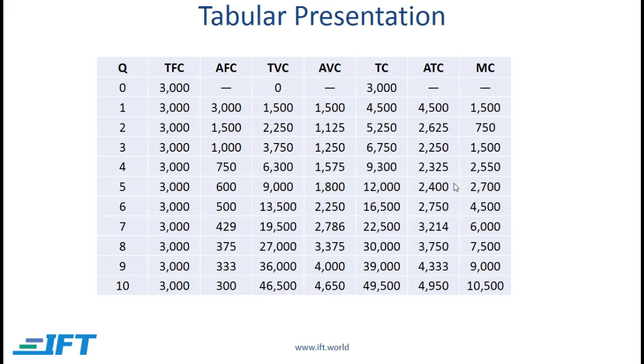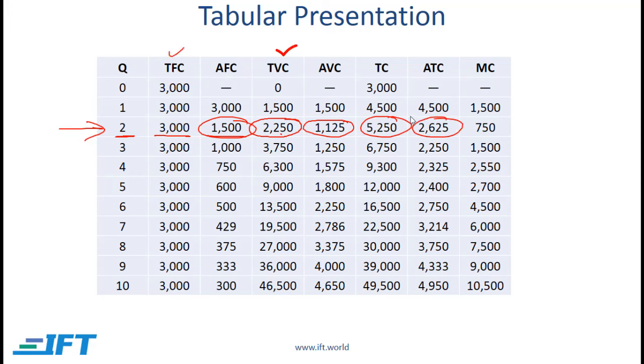On this slide, we have a tabular presentation which shows how the various cost numbers are calculated. Let's consider this row. We are given a total fixed cost, an average fixed cost, which is simply the total fixed cost divided by the quantity. We are given the total variable cost, and then the average variable cost will be this number divided by the quantity. The total cost is the sum of the total fixed cost and the total variable cost.